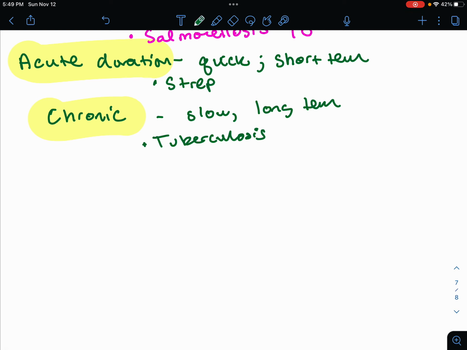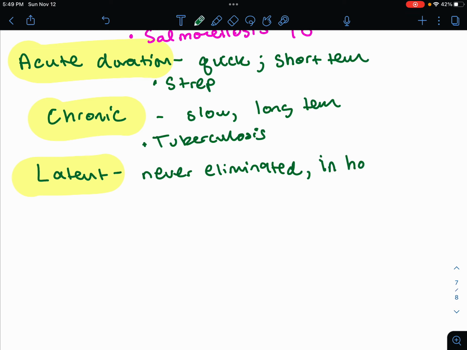And then latent. When we talk about a latent infection, this is going to never be eliminated. And it's going to be in the host tissues without symptoms.